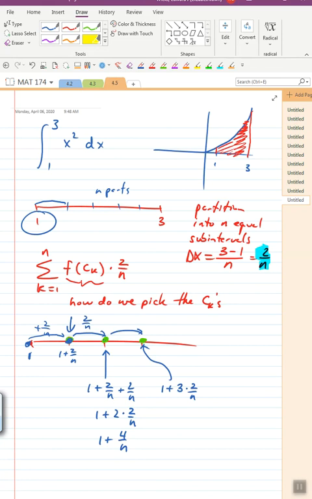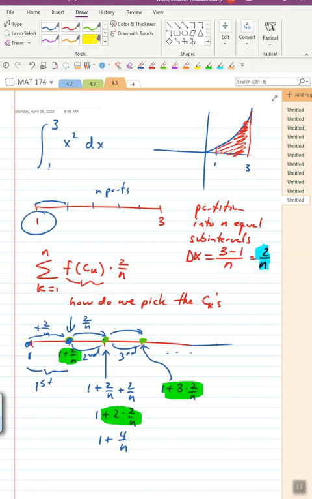Or let's ask it this way. Anybody not sure where I'm coming up with those? Let's say I've gone out to, so you know, this is the first subinterval. This is the second one. This is the third one.